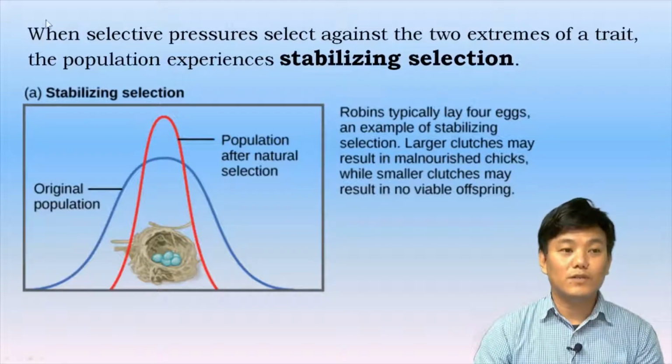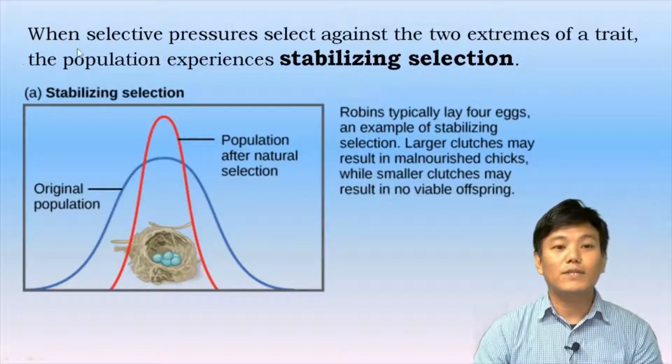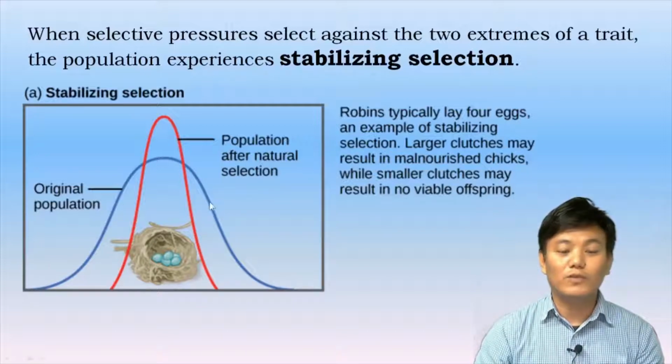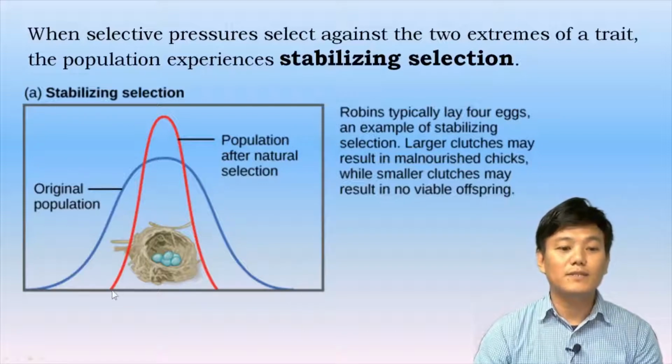The definition goes like this: when selective pressures select against the two extremes of a trait, the population experiences stabilizing selection. Now let's take an example. This example shows the original robin population. Robin is a bird which lays blue eggs. The original robin population distribution graph is shown in blue, and the red one is after natural selection has occurred.